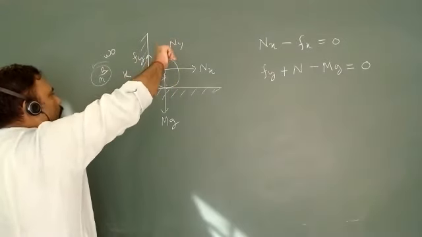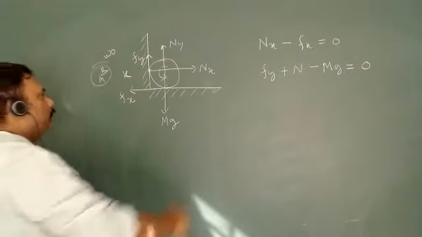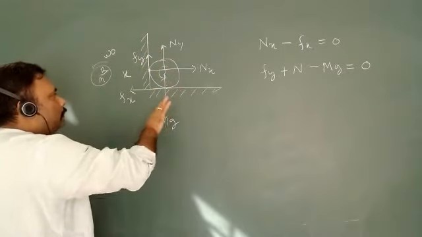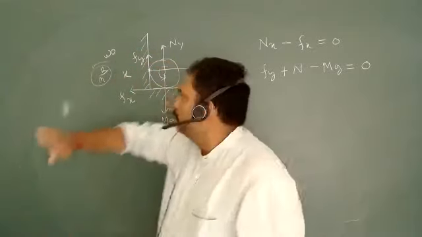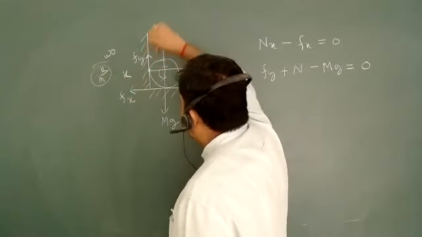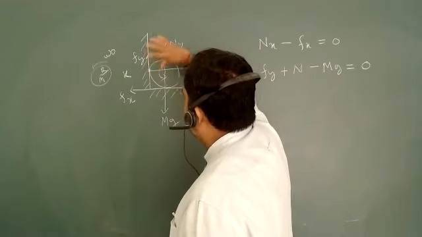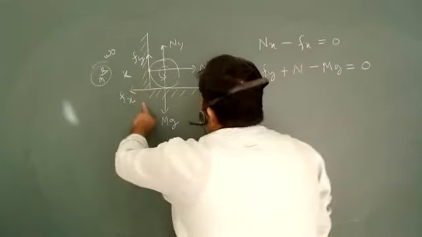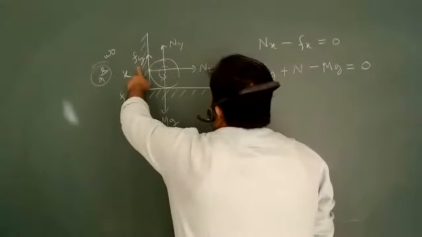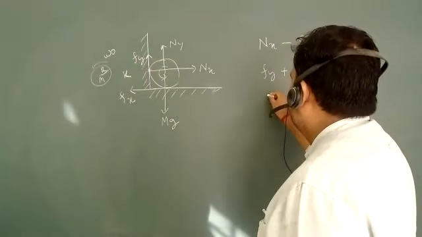R cross F, in the downward direction. And if we go from here, it is also R cross F, also in the downward direction. So the torque due to this frictional force and this frictional force will be in the same direction.